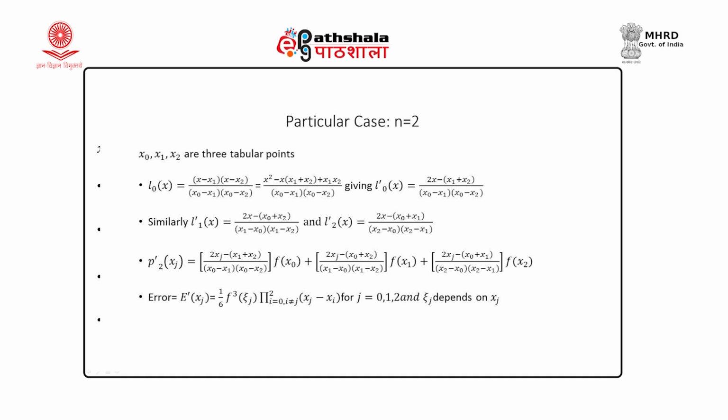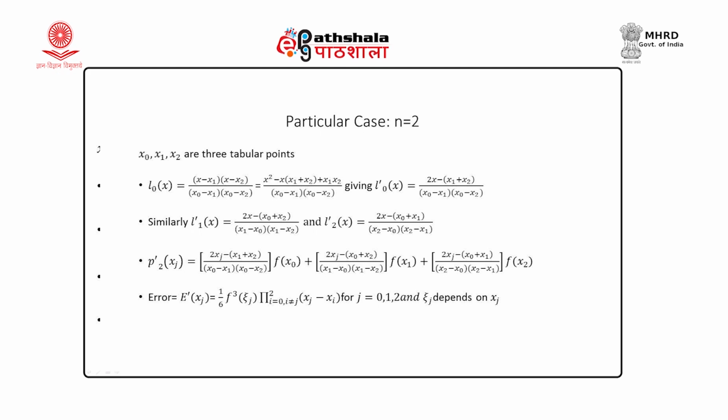So, these are the expressions for L 0 dash x, L 1 dash x and L 2 dash x. And let us put x equal to x j, where j will be either 0, 1 or 2. So, p 2 dash x j is, this is L 0 at x equal to x j, so L 0 dash x j. So, L 0 dash x j is 2 x j minus (x 1 plus x 2), denominator as it is, into f x 0, plus second is L 1 dash at the point x j.